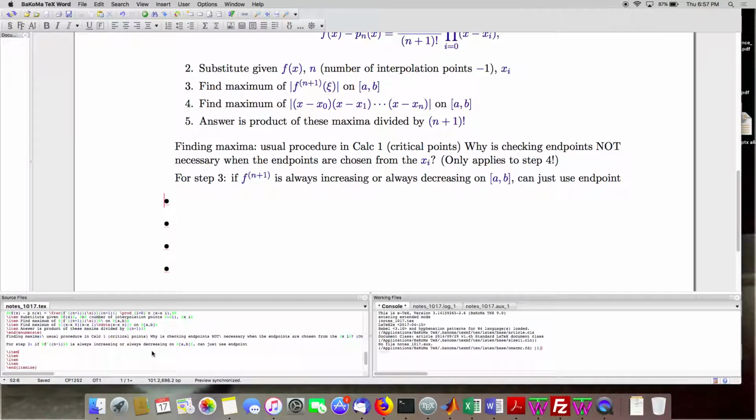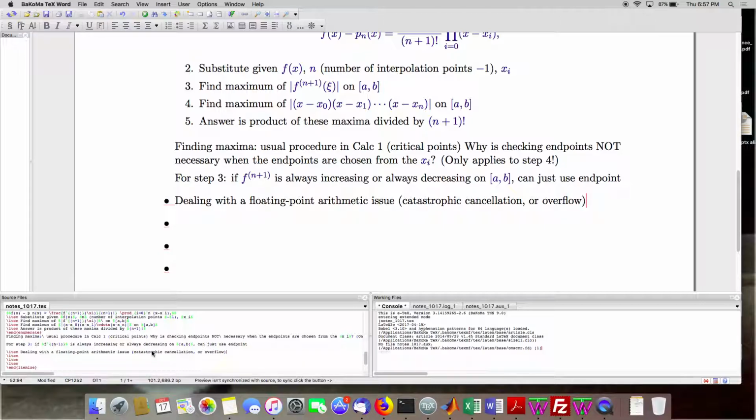Next. Dealing with a floating point arithmetic issue. There are two issues under consideration, so I would pick one of them. It could be catastrophic cancellation or overflow.